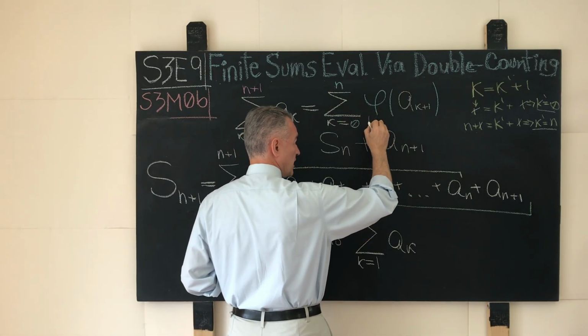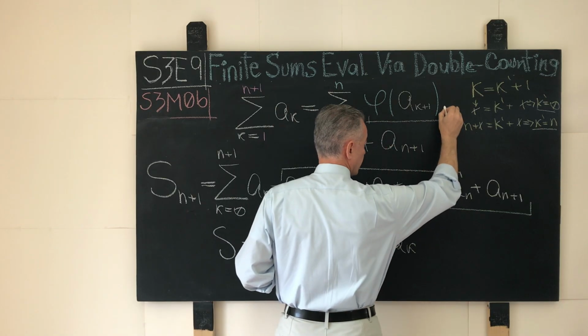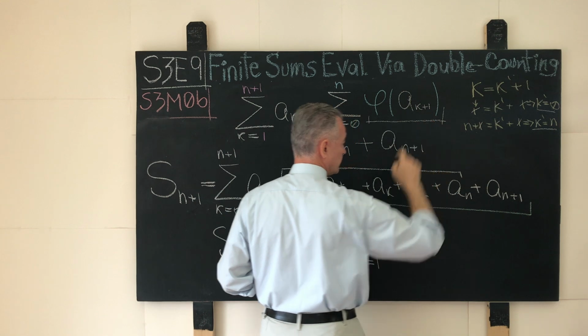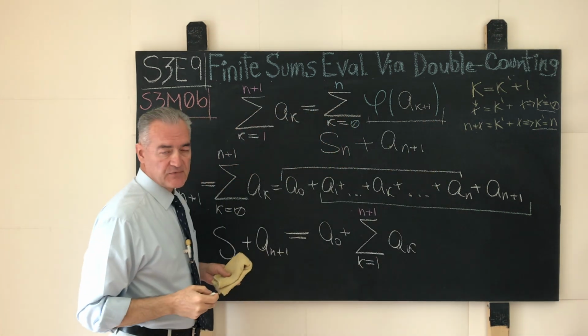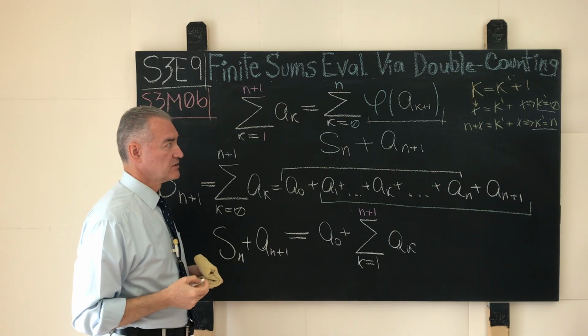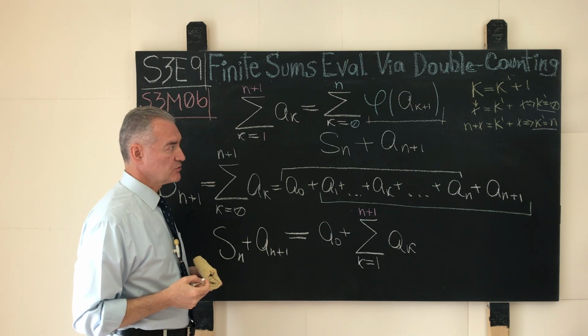This is important. I represented this material as a function of the term a sub k plus 1, because technically that is what you will have, and this is precisely the crux of the problem.